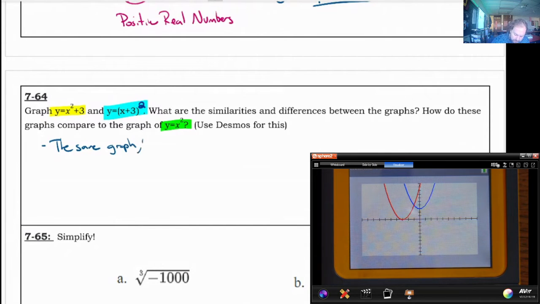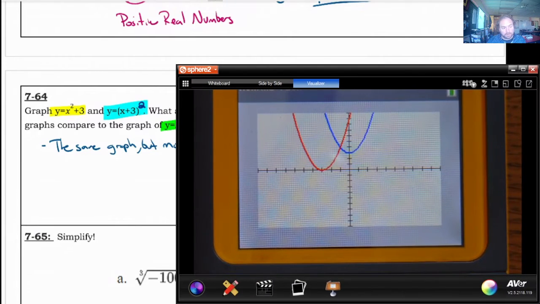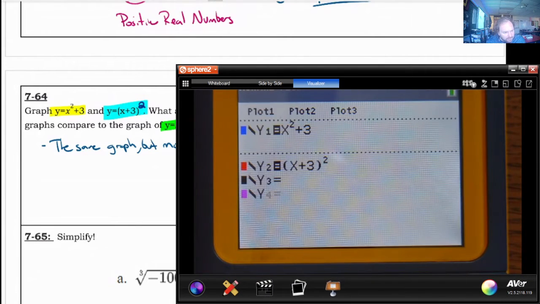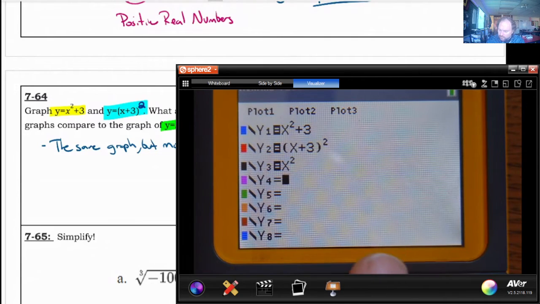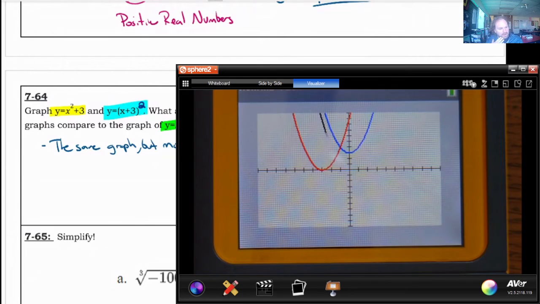But they are moved around to different places. I want to point out, as your future Algebra 2 teacher, let's actually go into the y equals menu and let's add on the graph of x squared to this, which will show up in black on this graph too.